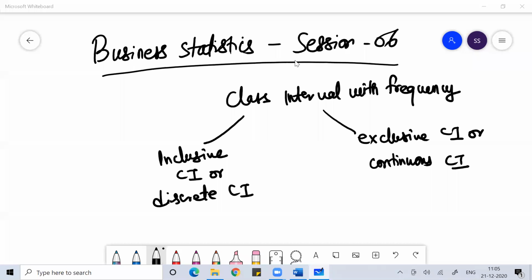So whenever we see data in the form of class interval with frequency, the data can be represented either as an inclusive class interval, whose other name is discrete class interval, or as an exclusive class interval or continuous class interval.